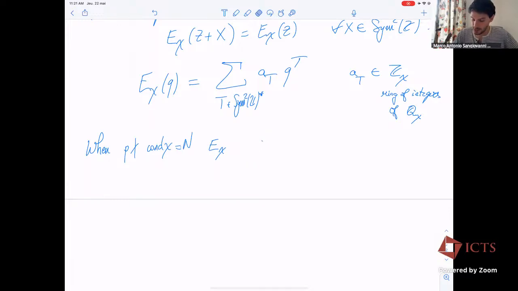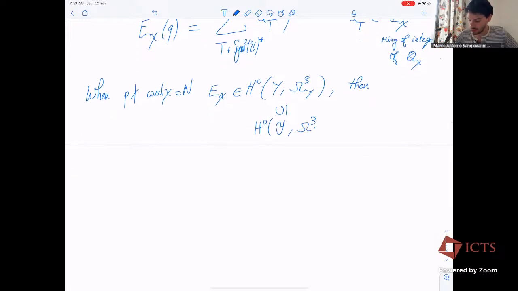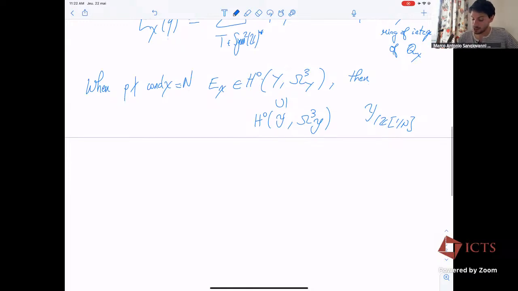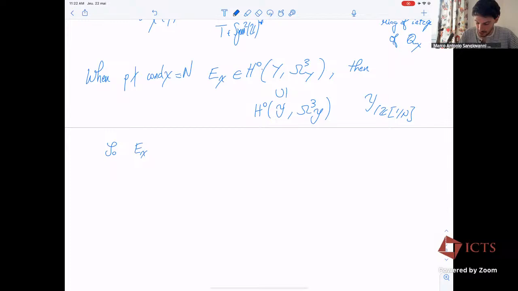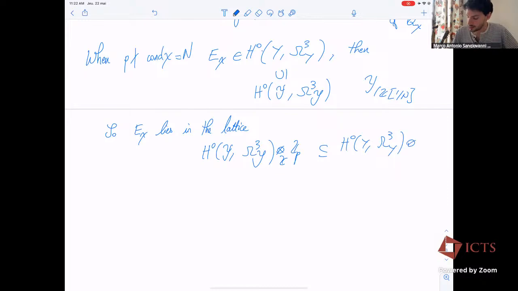If I see E chi as something that lies in H0 of Y, omega 3 of Y, then it actually lies inside the smaller space H0 of curly Y, omega 3 of curly Y, where curly Y is a smooth model of the Siegel variety over Z invert 1 over N. So in particular, if I tensor with ZP everywhere, E chi lies in the lattice H0 of curly Y, omega 3, tensor ZP, inside the H0 of Y, omega 3 of Y, tensored with QP.